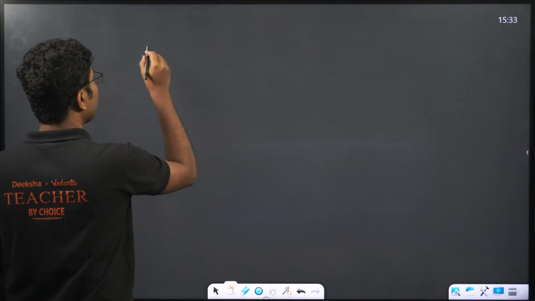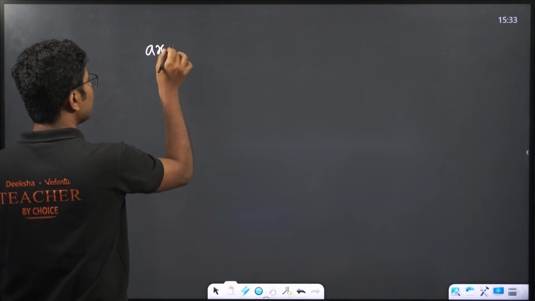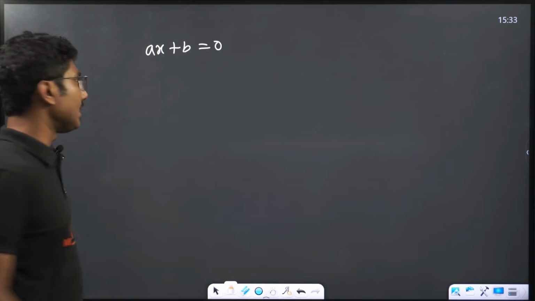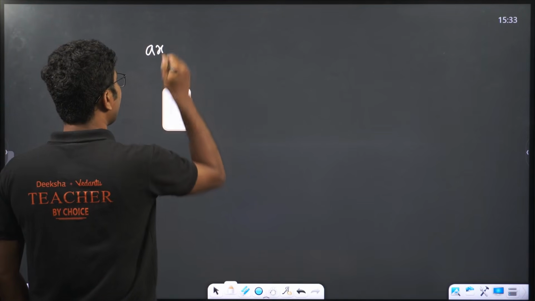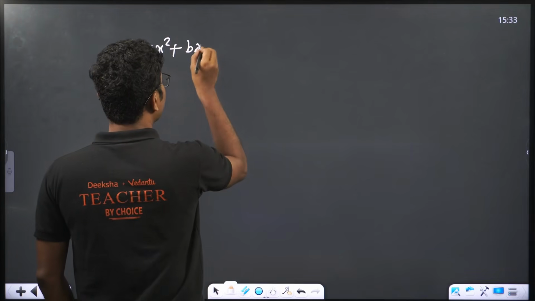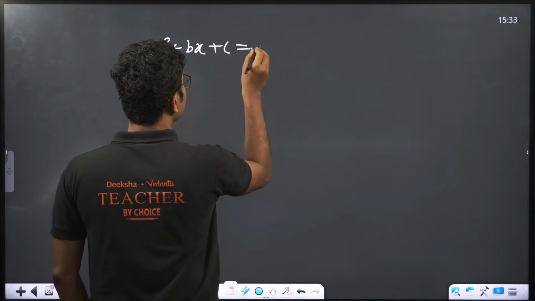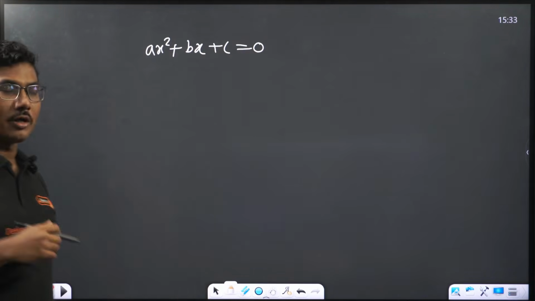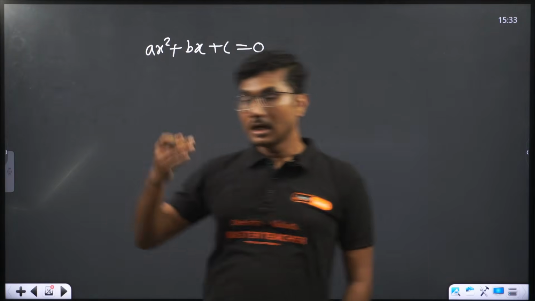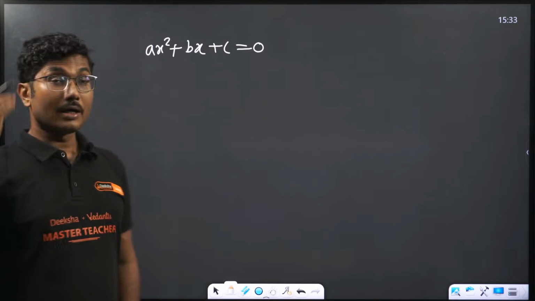If the order is 1, then it is a linear equation, which gives you a straight line. But if the order is not 1, then it gives a curved line, and that is called a quadratic equation.